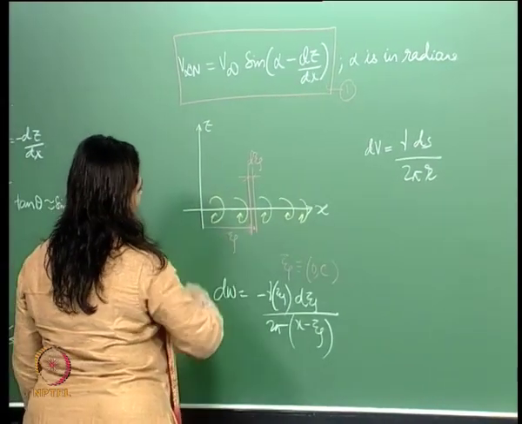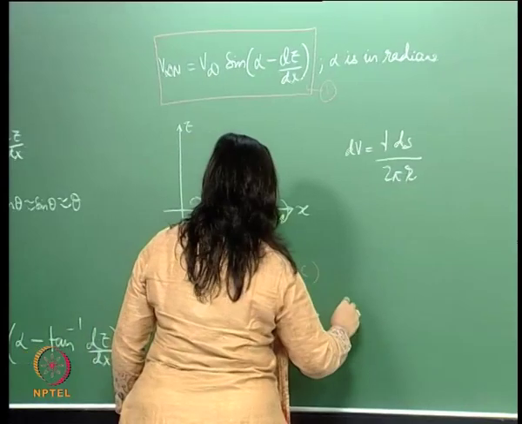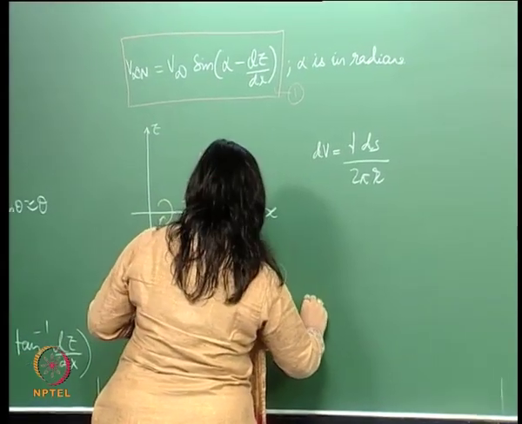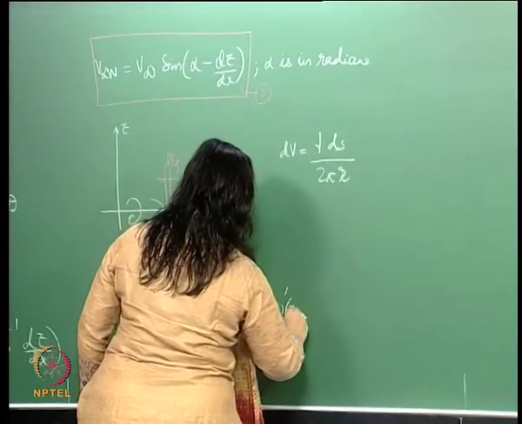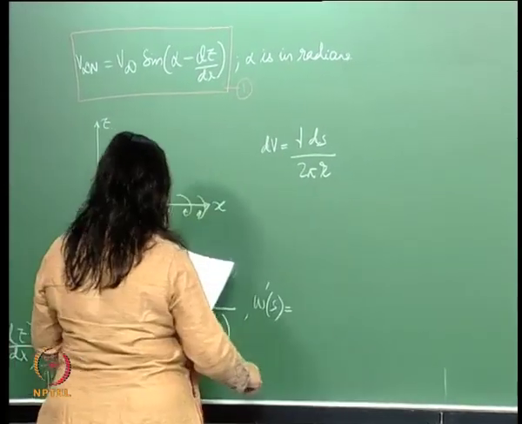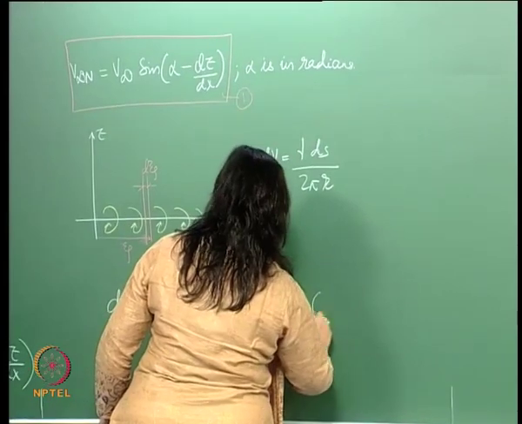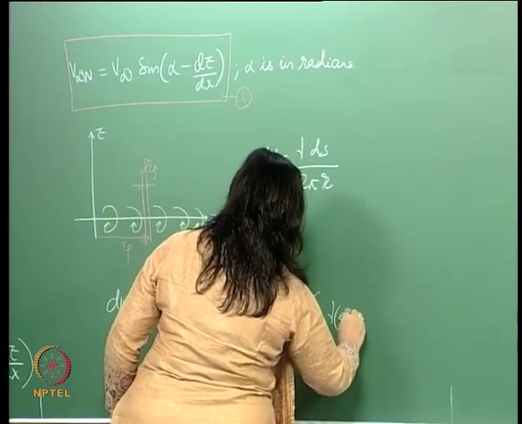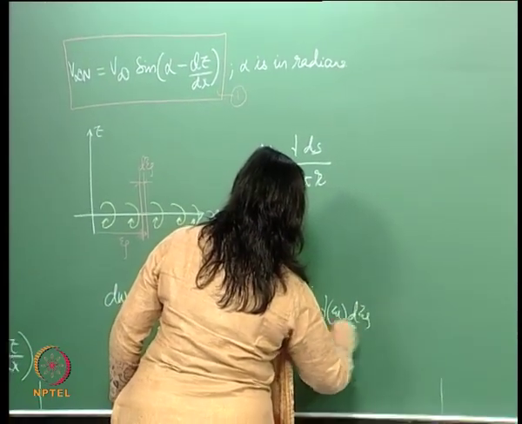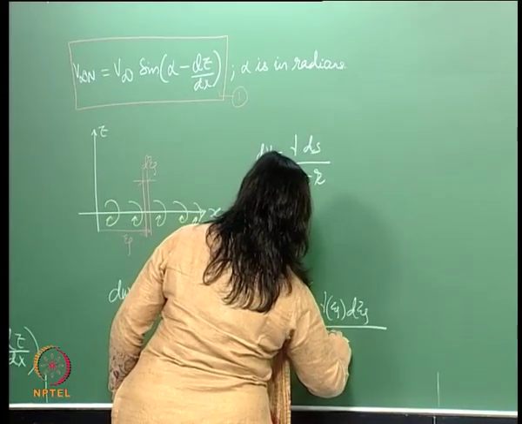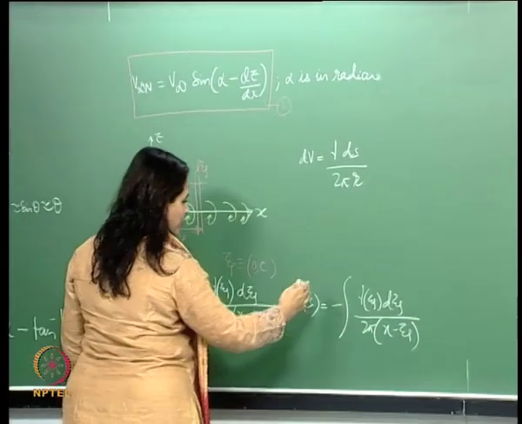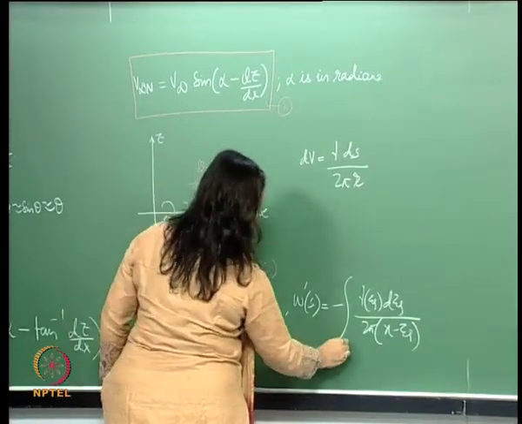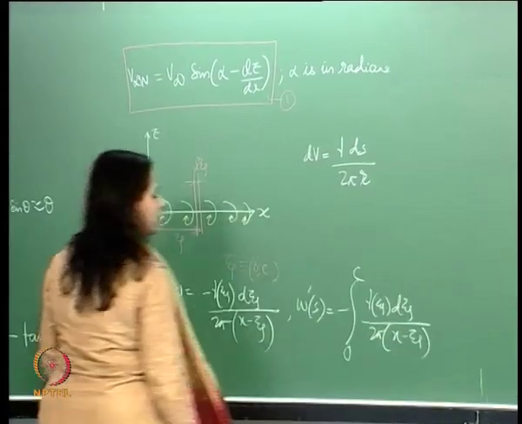The total velocity distribution over this airfoil would be, so I will write that basically here. What we need to do is that z goes from 0 to c.